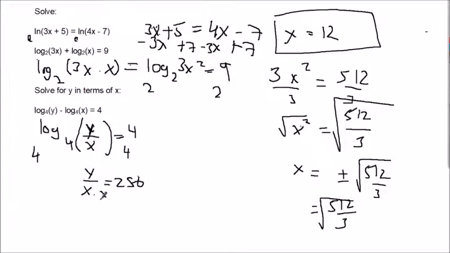Then multiply by x on both sides, and we'll have y is equal to 256x. That's a really steep linear equation. We also have to define that x cannot be lower than or equal to 0, if we had that function.